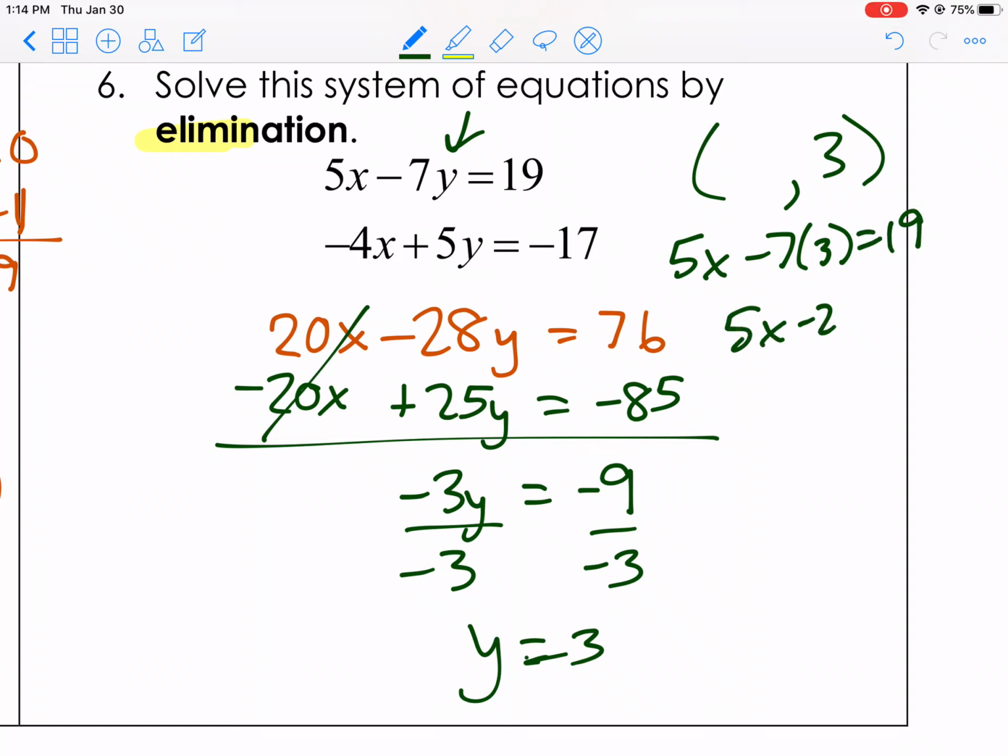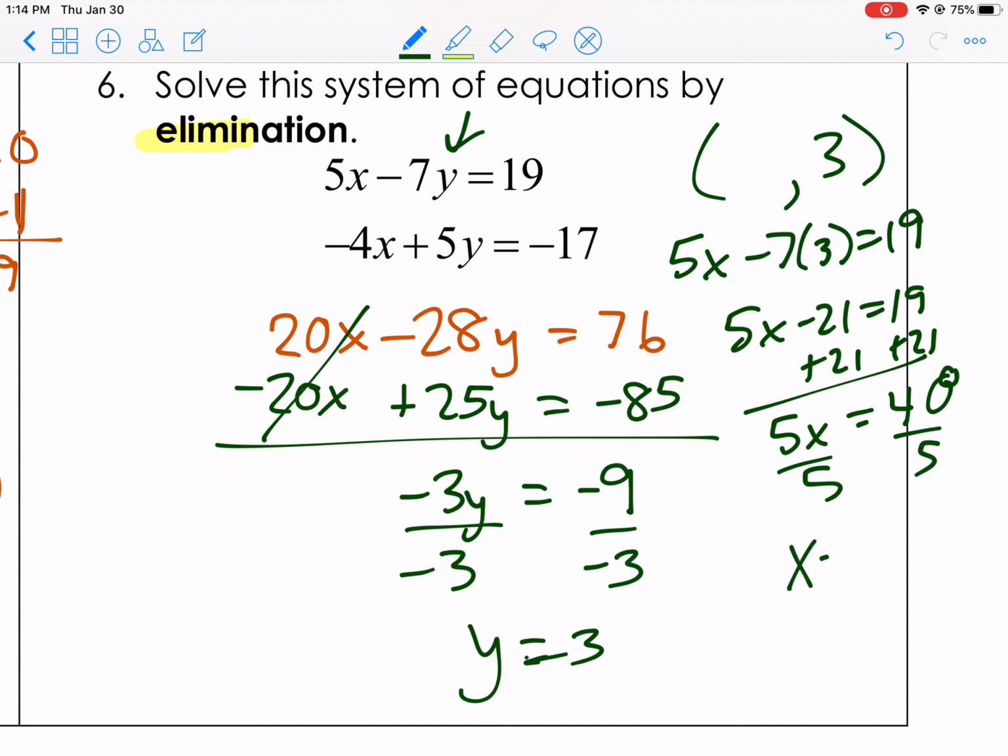That would be 5x minus 21. Add 21 to solve for x. That's going to be 40. And divide by 5, we would get x equals 8. So when x is 8 and y is 3, we have the solution to this system of equations.